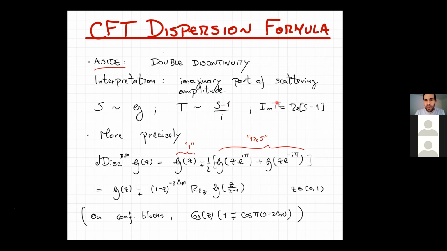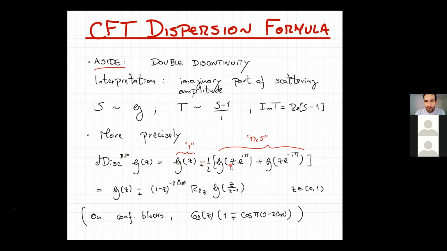And so the imaginary part of T is the real part of S minus 1. If we translate this in terms of the CFT, then the imaginary part of T is what I call the double discontinuity, and the definition of the double discontinuity is G, and then minus or plus, depending on whether it's the bosonic or fermionic double discontinuity.